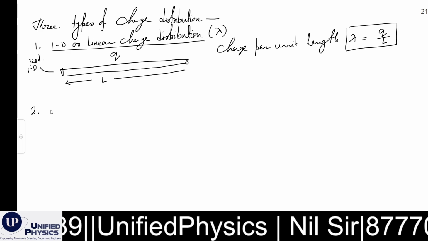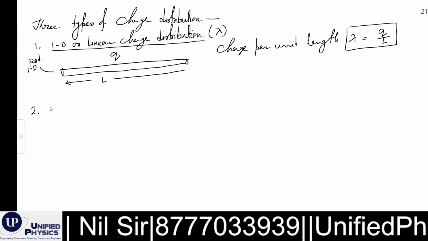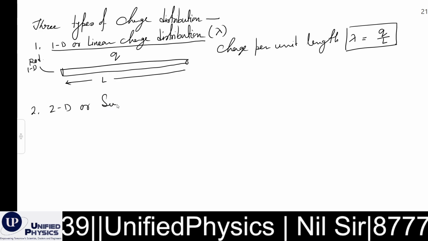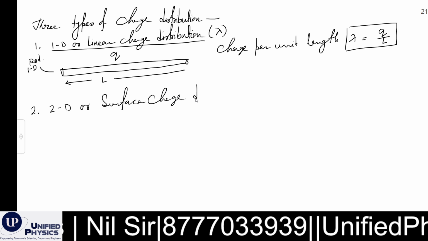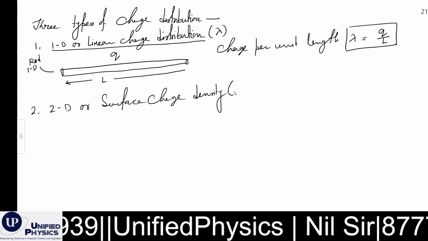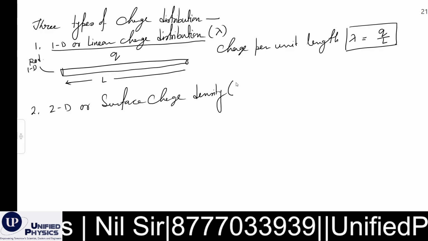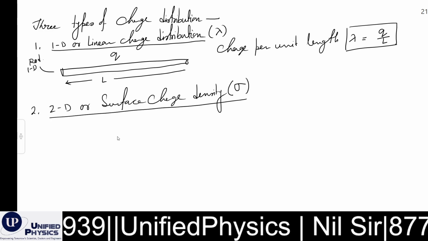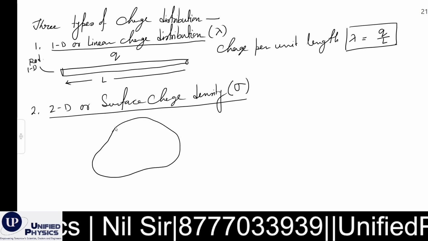Similarly, 2D charge distribution is denoted by sigma. For example, there is an area.